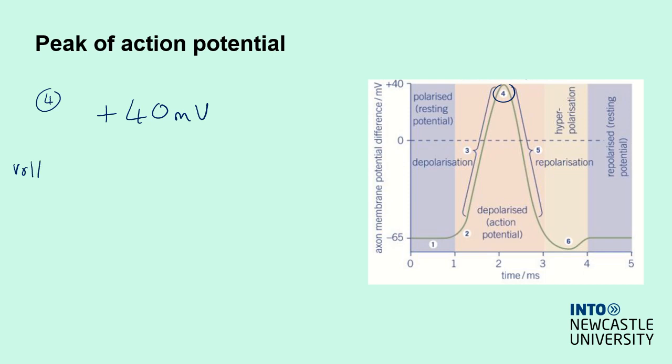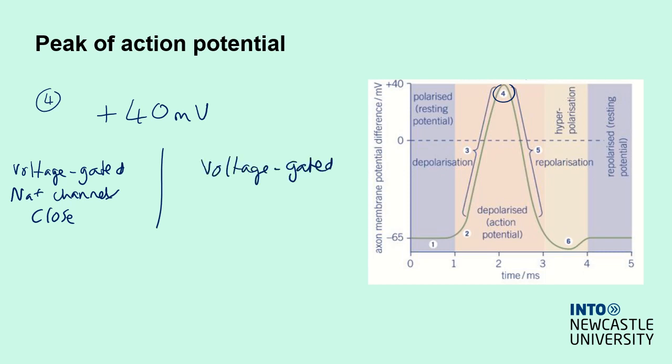So the voltage gated sodium channels will close, and the voltage gated potassium channels will open, and this will allow potassium to flood out of the axon through these voltage gated potassium channels to bring about repolarization.